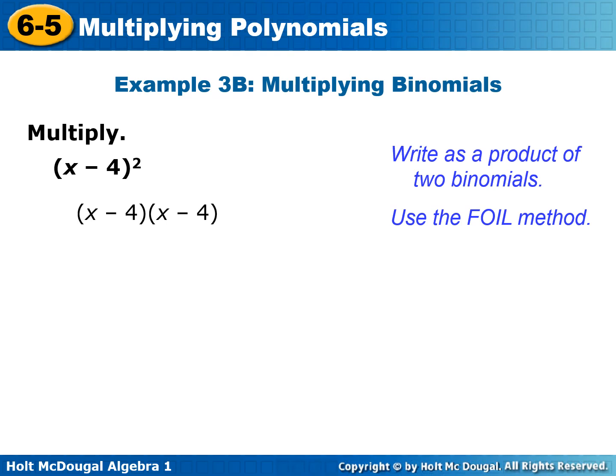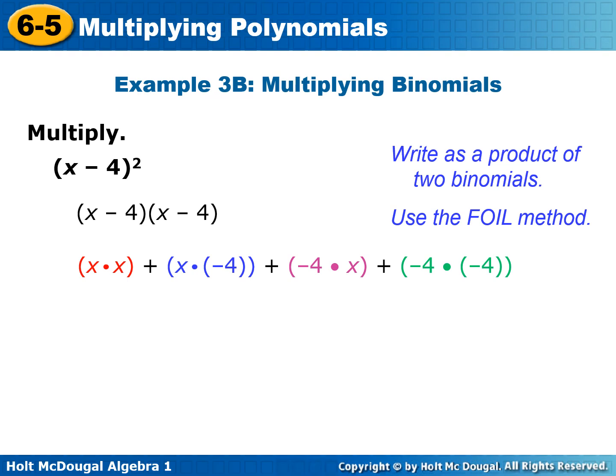So again, FOIL method, we multiply the first terms first, and then the outer terms, inner terms, and last terms. So x times x, these are our first terms. X times -4, our outer terms. And then -4 times x, our inner terms. And -4 times -4, our last terms.